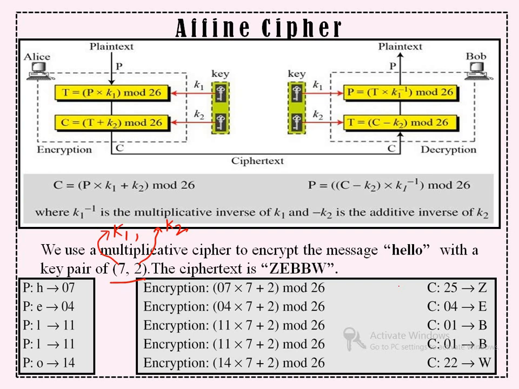Please check it for yourself, whatever steps you have done, up to what stage you have done. This is basically the final answer that we are getting. So your cipher text will have 25, 4, 11, 2, 22.